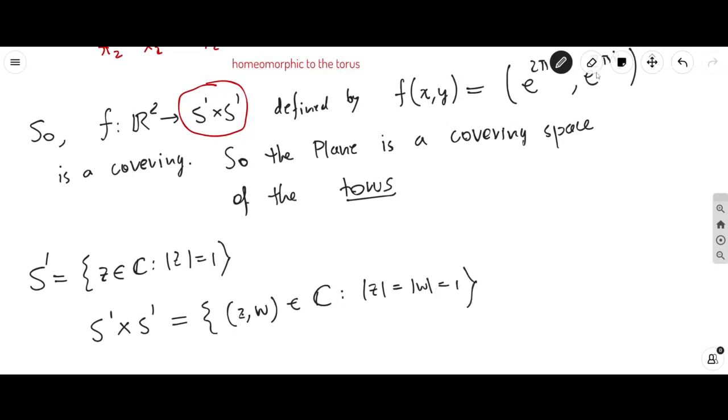The issue, of course, is that a complex number is usually visualized as a point in the plane. So this is two real coordinates, and this is two real coordinates. So really, whatever this is, it's visualized as sitting in four-dimensional space. So you cannot really visualize this, but that's okay. This is one of the ways we think of the torus.